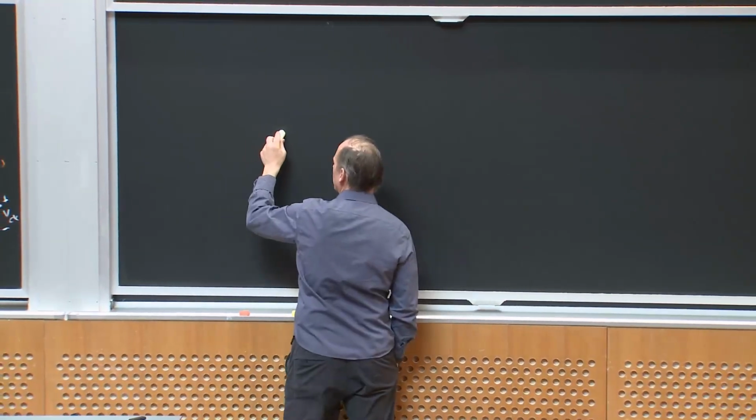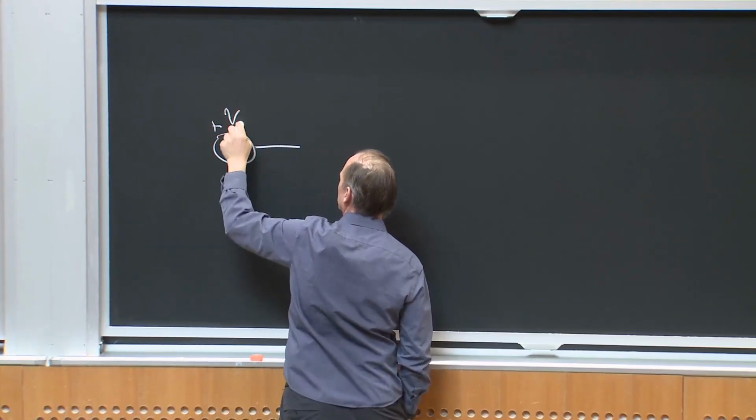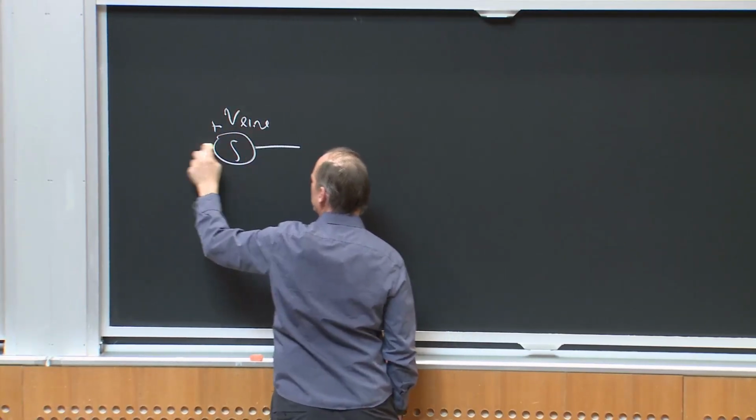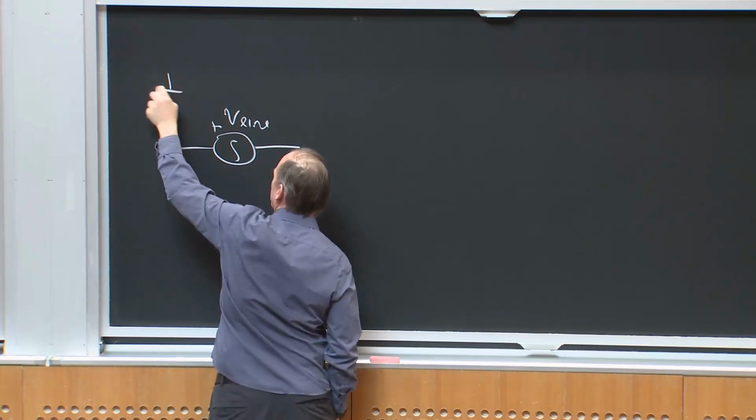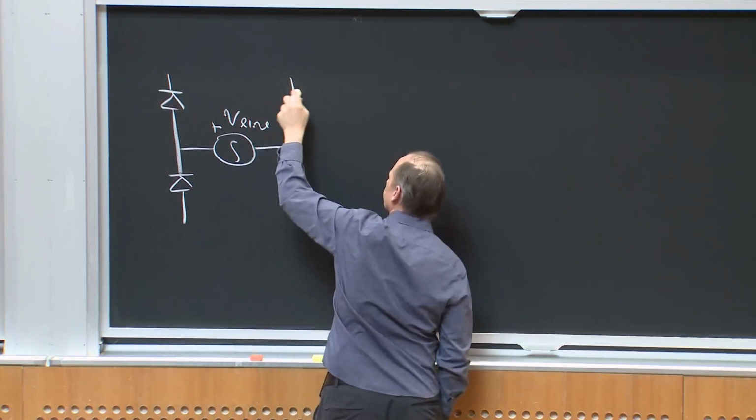Here's my VAC, here's my AC line voltage. I'll run that into a diode rectifier, okay?